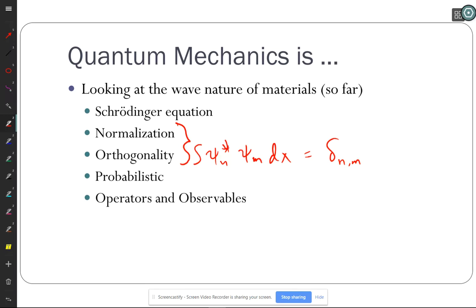Our example where we did that was the same as if you plucked a string. We had our psi of x at time equals 0 looking like that, and then we found what the c sub n's were to fit that. We only found the first 4 or something like that.